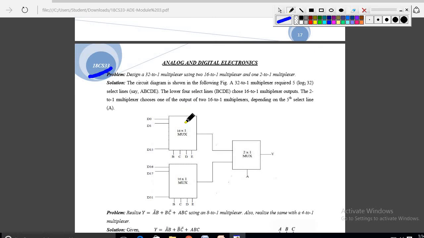One 16:1 multiplexer requires 4 control inputs, and the other 16:1 multiplexer requires the same 4 control inputs, so after combining these two, it requires only 4 select lines, the lower 4 select lines. The 2:1 multiplexer requires one select line. So totally 5 select lines. In this way I have to write the designing part.